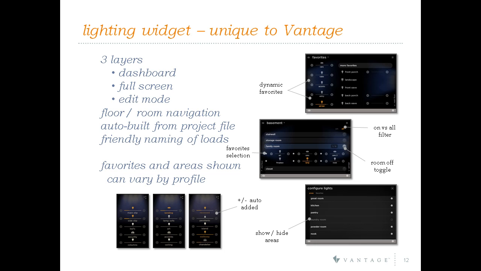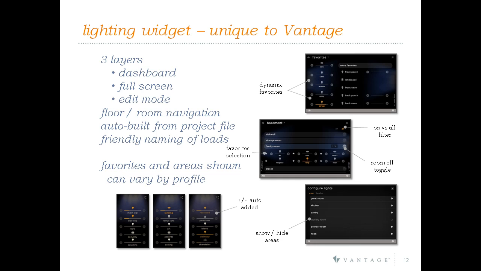Did you know that if you put an Equinox 7.3 touchscreen or an app inside of an area that has lights, that the app or the 7.3, the lighting widget, will automatically use the lights in that same room as its favorites. It'll automatically populate it. So sometimes the screens come up empty and you wonder, well, how come I don't have any lights in here? Well, it's because you didn't add the 7.3 or the app, the object, in that same area. It'll automatically add those.